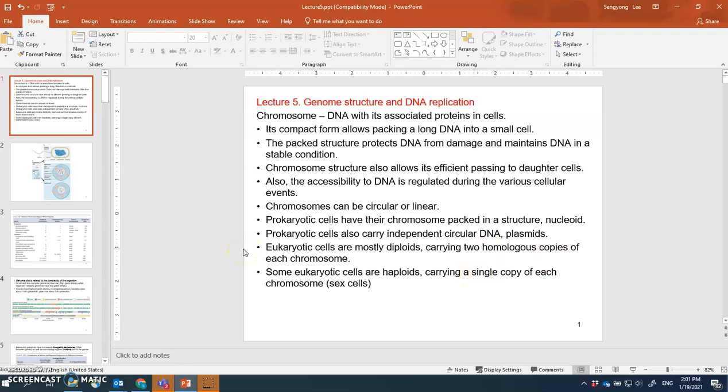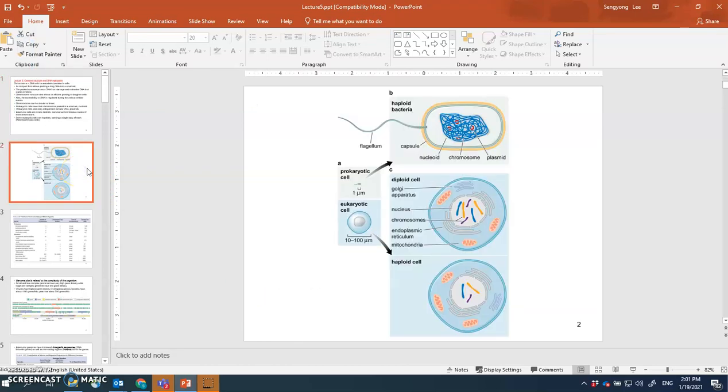Some eukaryotic cells are haploid, although most are diploid, and some examples are the sex cells, like sperm and egg cells. They only carry a single copy of a chromosome because they are united later on to double the number of chromosomes. Okay, these are all facts you already know, hopefully.